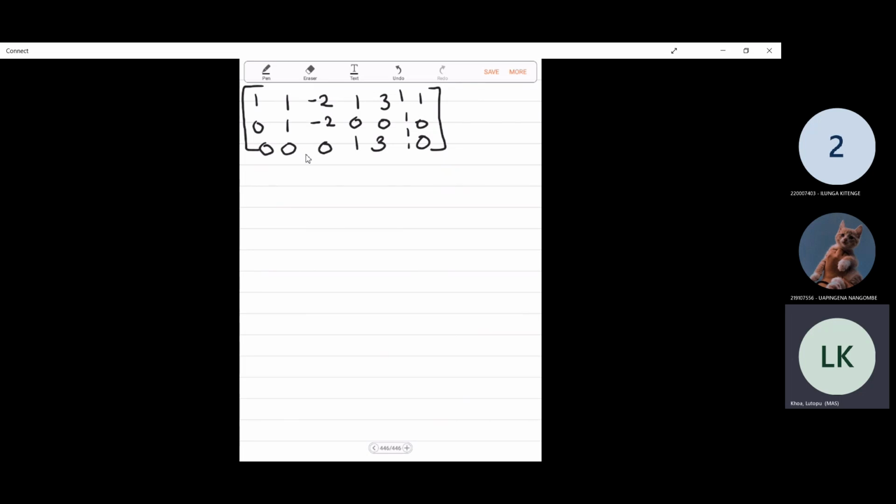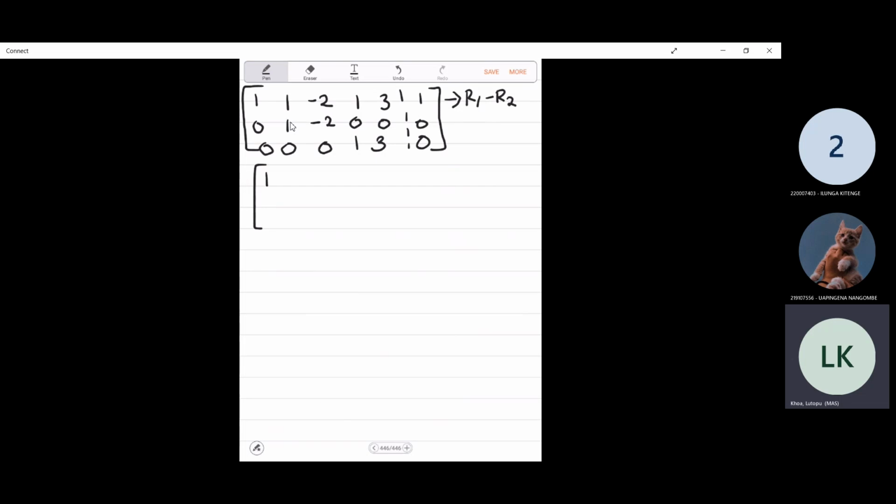So rank, okay, I see we can also make this one here 0 by subtracting this. So here, let's say row 1 minus row 2.